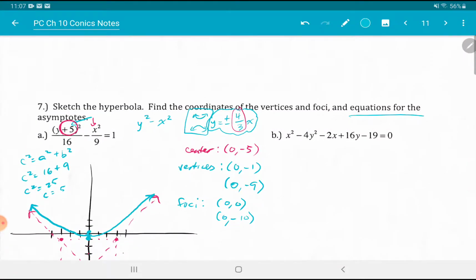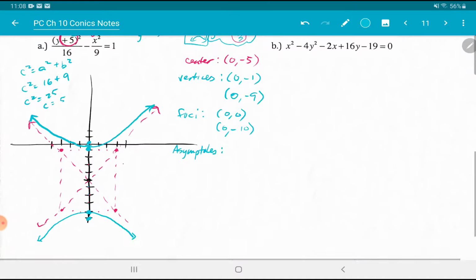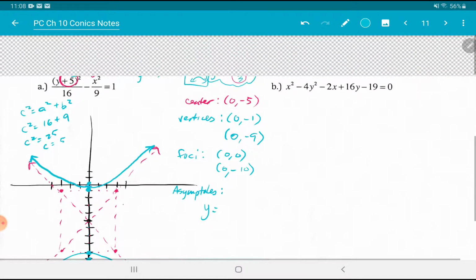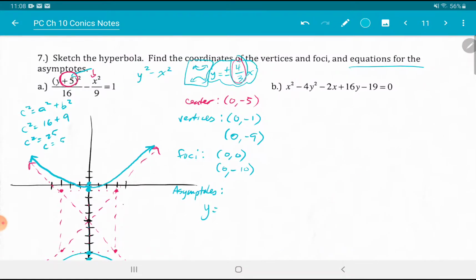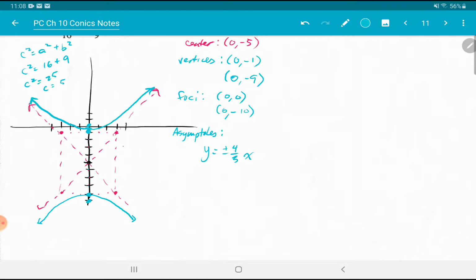And then I believe we need one more thing. We need to find the equations of the asymptotes. Remember that your general asymptote was in the form of y equals plus minus 4 over 3x, but that's if you didn't have any shifts at all. How do we shift? We shifted all of the asymptotes down by 5.